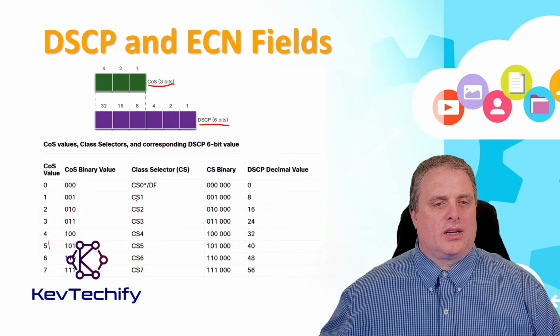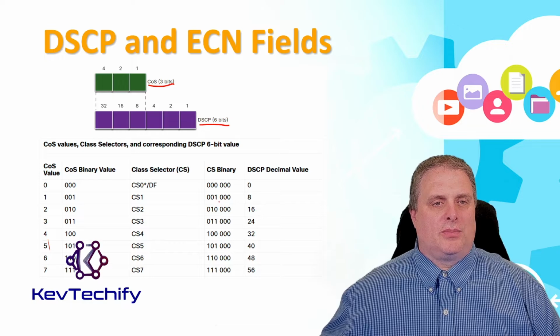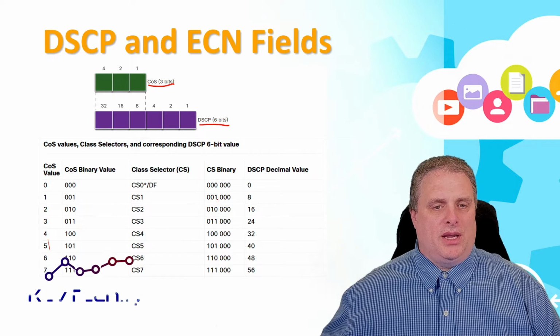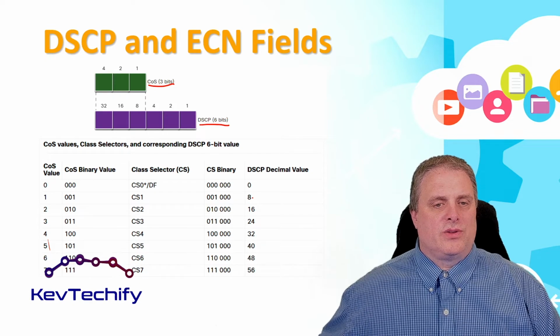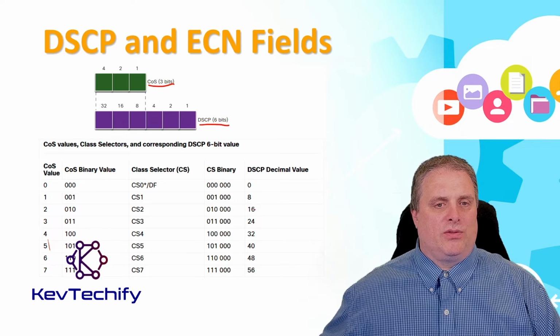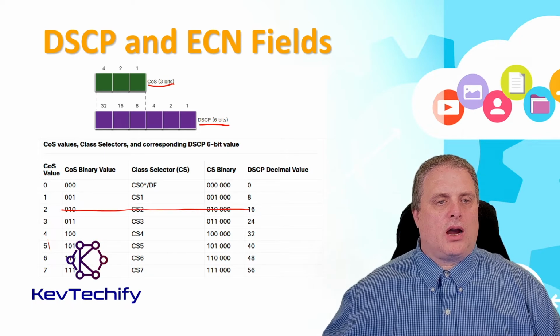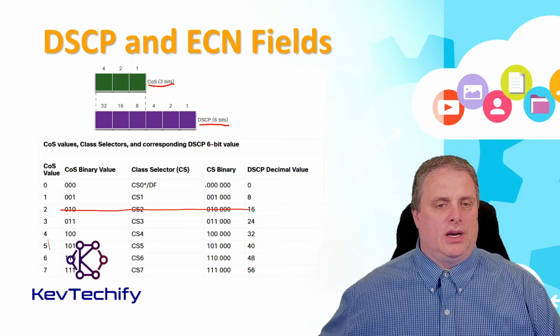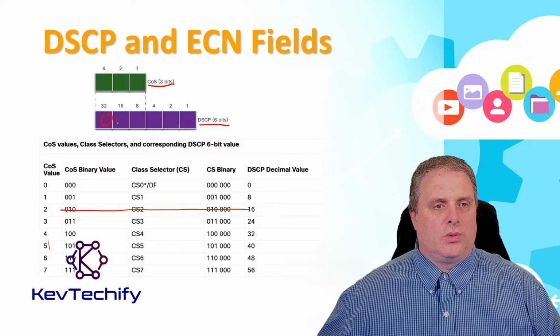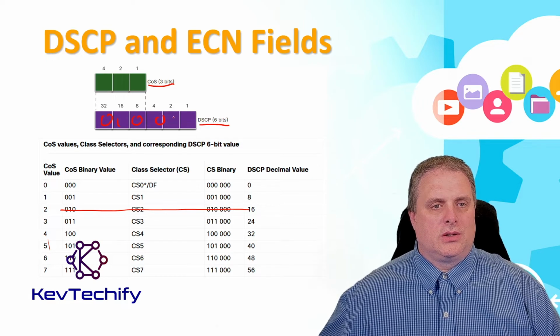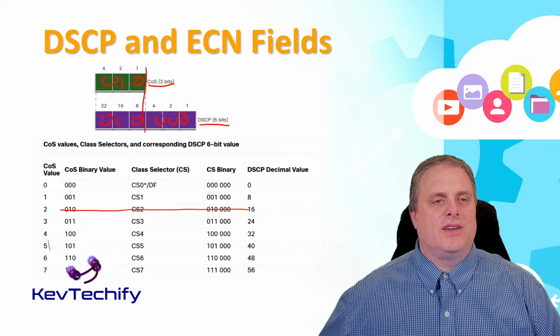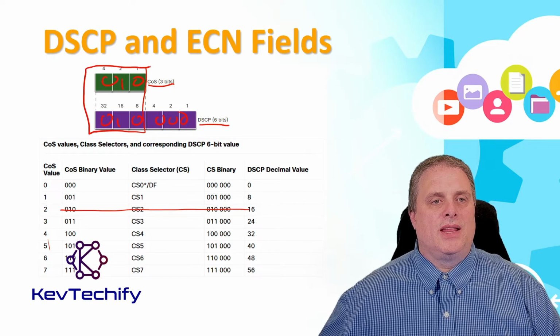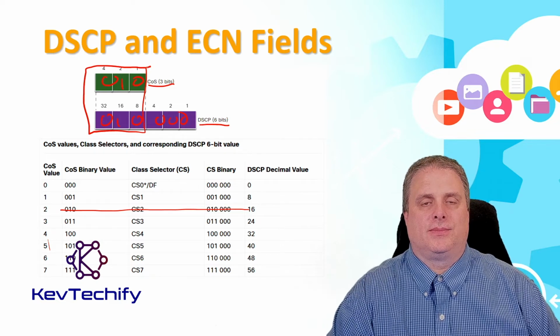Then we have our class selector and our class selector binary. That's with our DSCP. We can see that these values come out to be 8, 16, 24. And those are the ones, when we look here, it is 0, 1, 0, 0, 0, 0 here, and 0, 1, 0 here. These fields are the same. That's how we make it compatible.